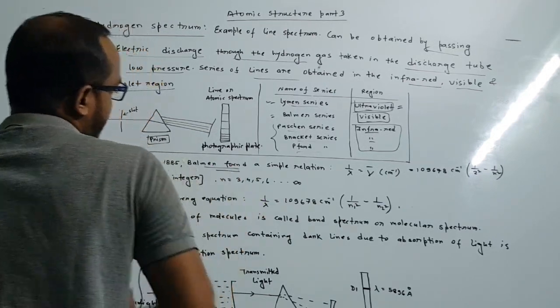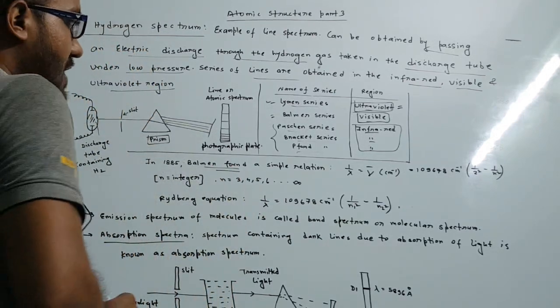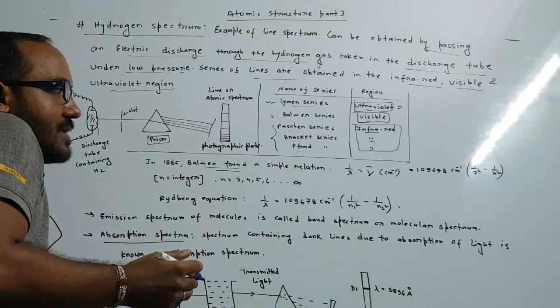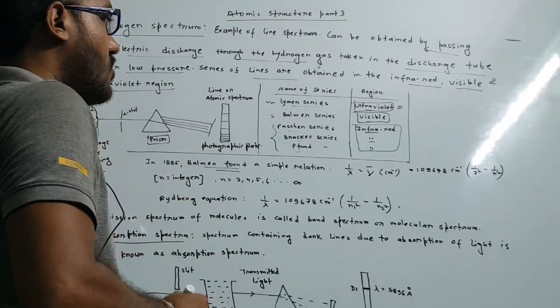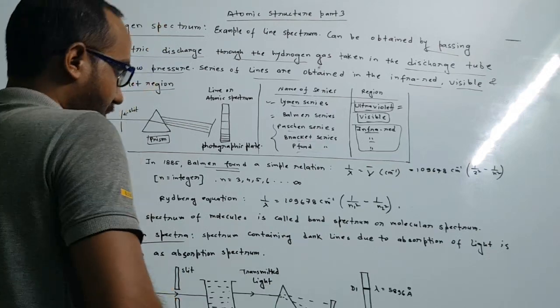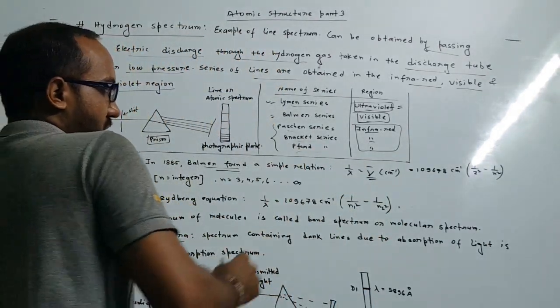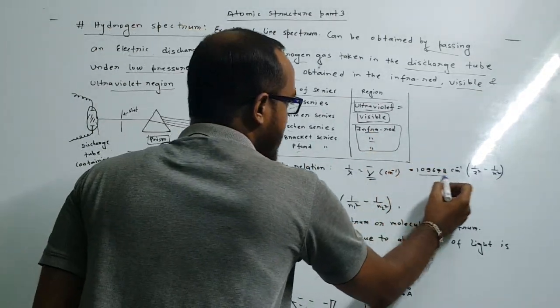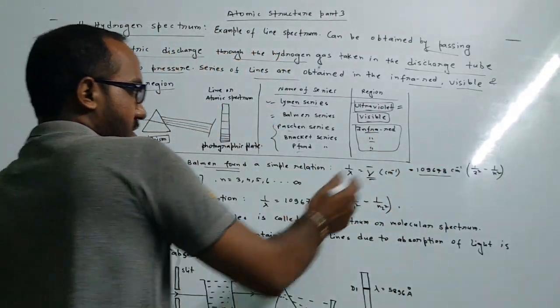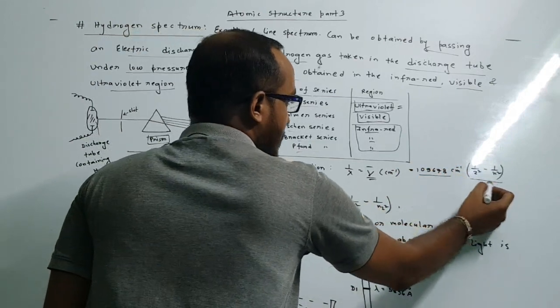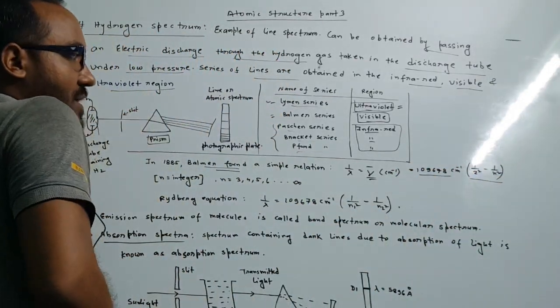In 1885, Balmer found a relation by which you can determine the wavelength of light: 1 by lambda, the wave number nu bar in per centimeter, is 109678 per centimeter into (1 by 2 square minus 1 by n square).